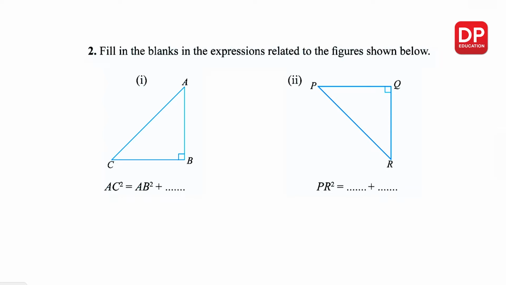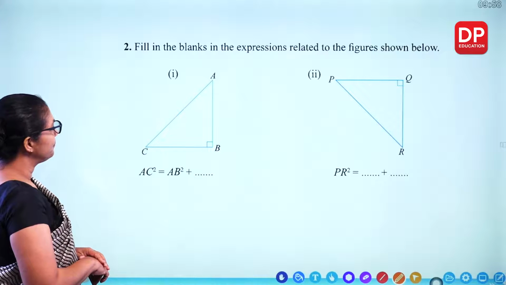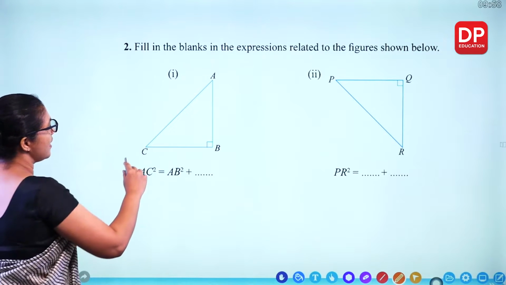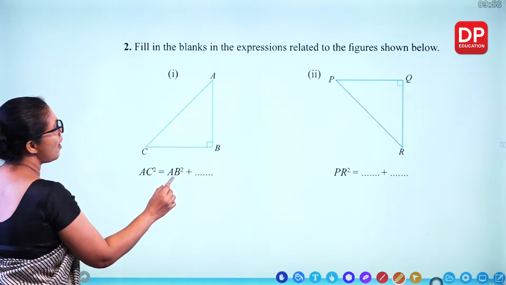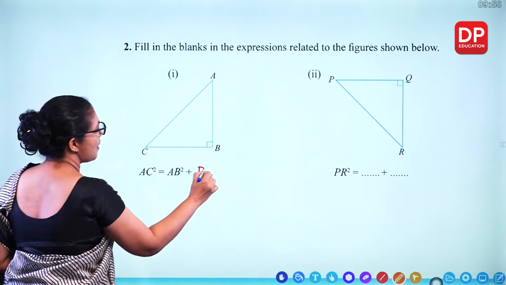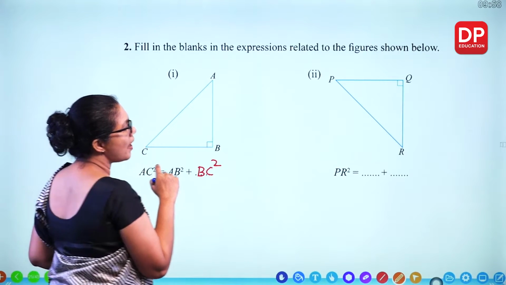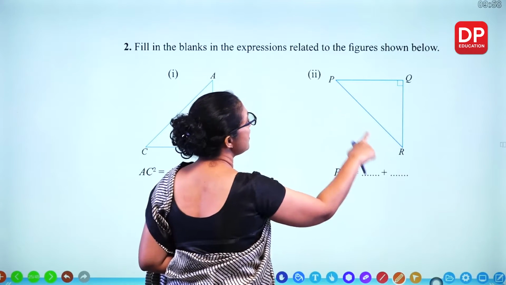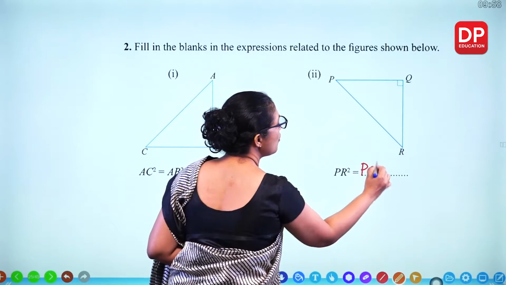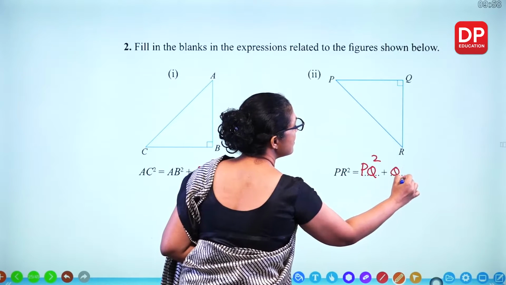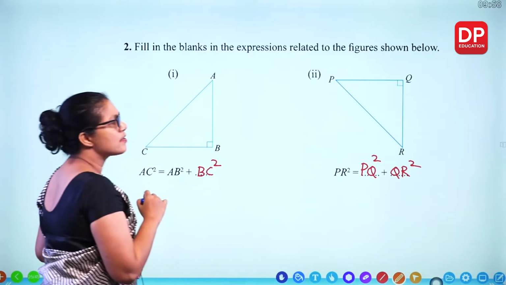Look at question number 2. Fill in the blanks in the expressions related to the figures shown below. AC squared, that's the hypotenuse. AB squared plus BC squared. This one, PR squared is equal to PQ squared plus QR squared.